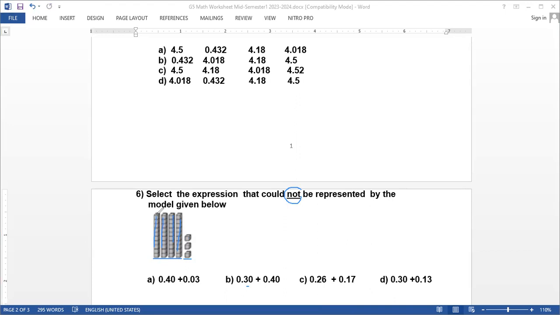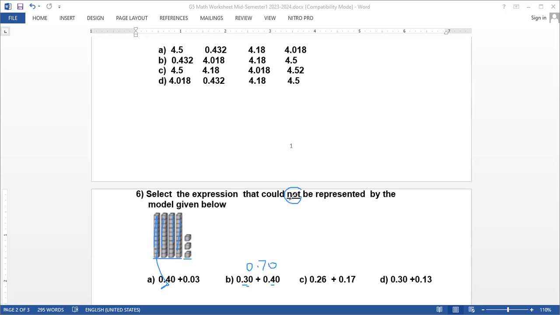This is the whole one, and this represents the tenths, so the tenths is 4. But here we have the tenths is 4 and 3 is 7. Here 0.70.